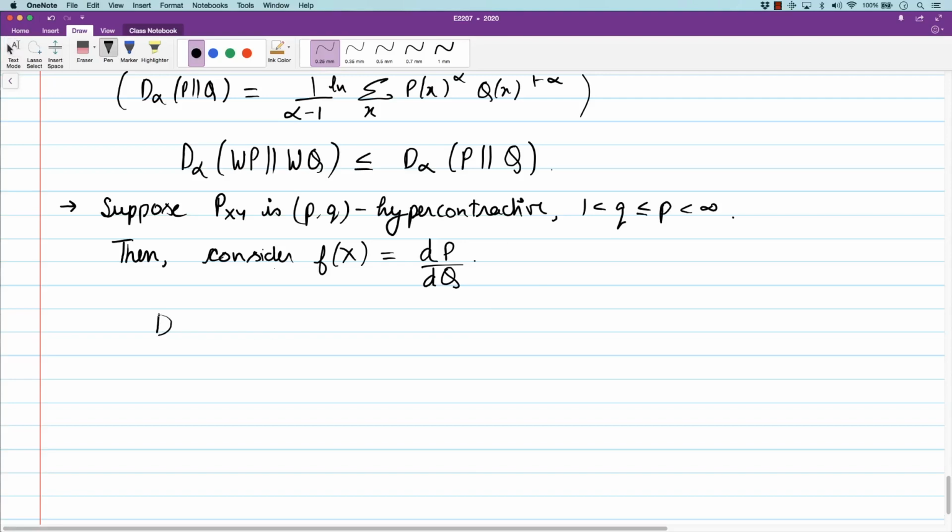So we have to make an assumption. We have to consider this such that we assume that the pth norm of f(X) is finite.